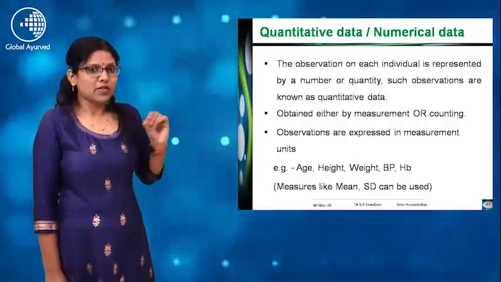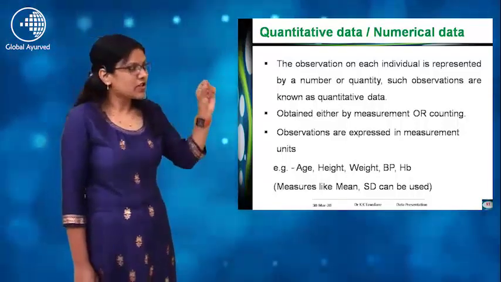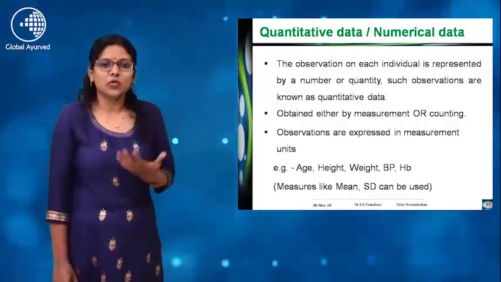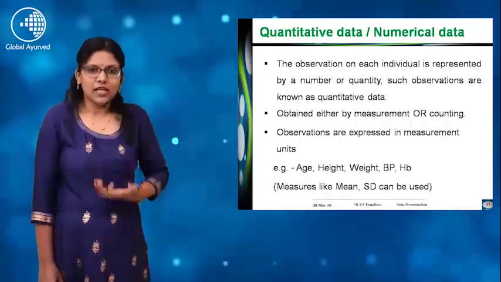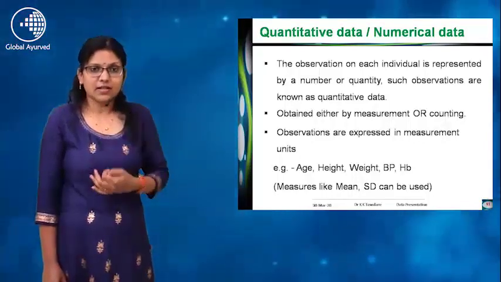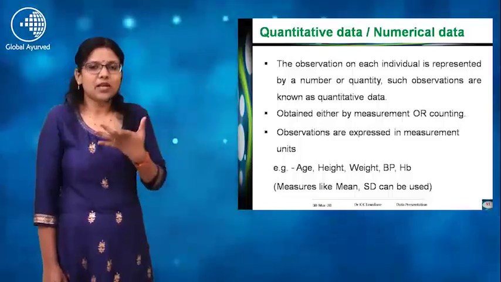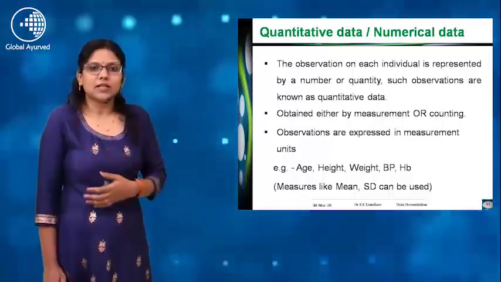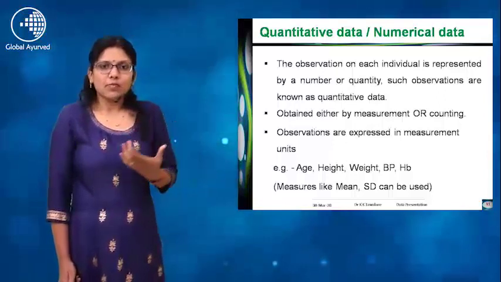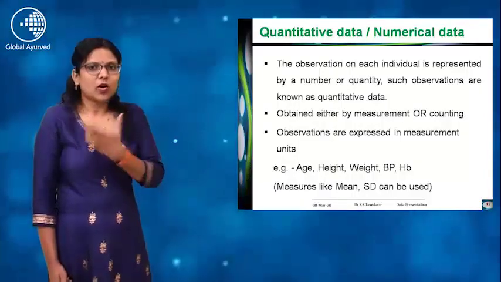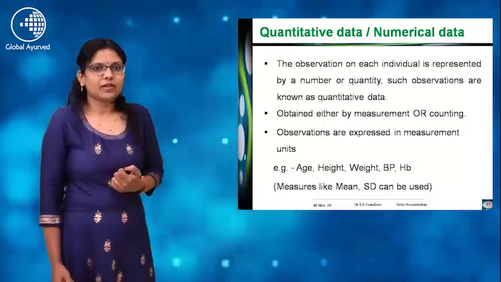This is a very important feature of quantitative data: observations are expressed in the measurement unit. Means age in years, height in centimeters, weight in kilograms, BP in mm of Hg, Hb percentage. So this type of data is called quantitative data or numerical data.